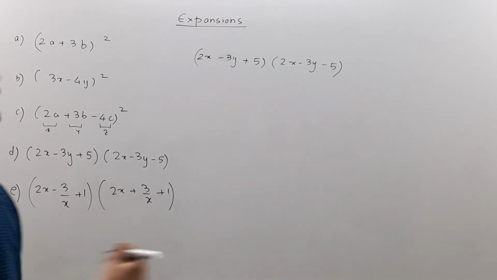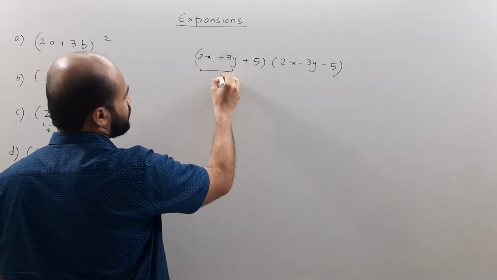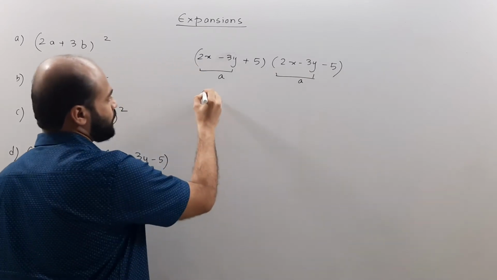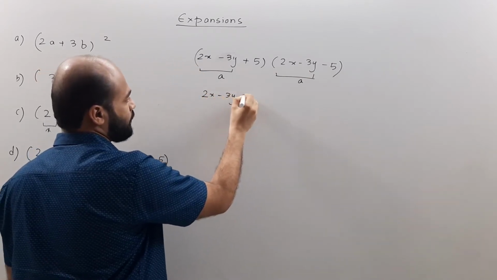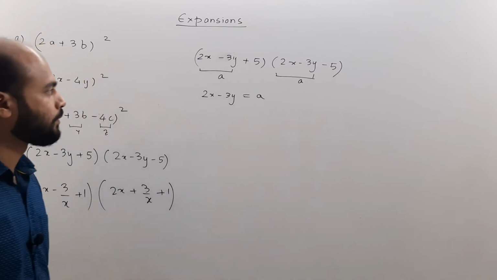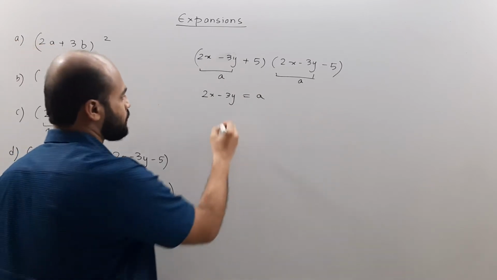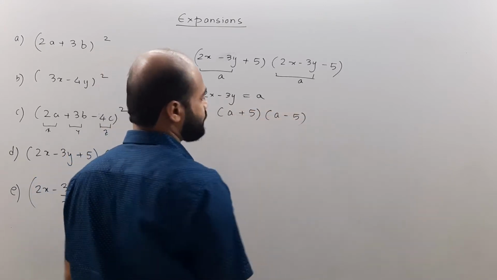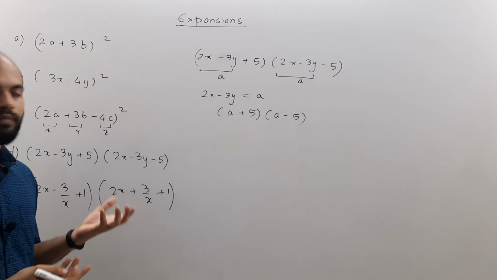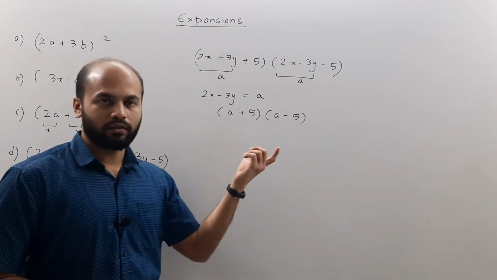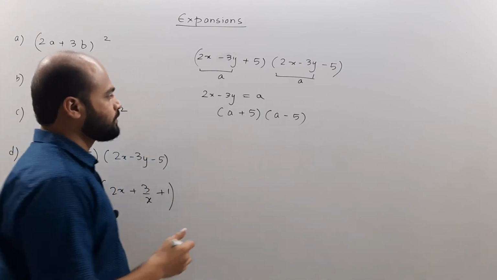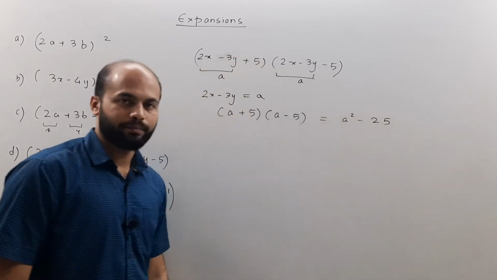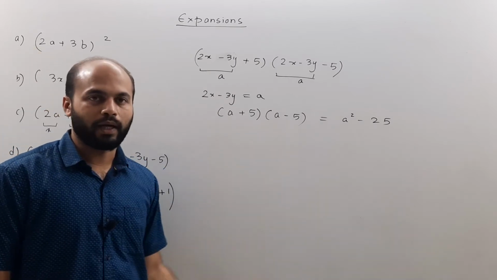So what we'll now do is we will write this as A and this as A. So we'll say that let 2x minus 3y be equal to some A. And if I do that, I get the expression like (A plus 5) into (A minus 5). So I've sort of simplified the expression. Now this is a familiar relation for you and we can expand this as A square minus 25, because this is of the type (A plus B) into (A minus B).